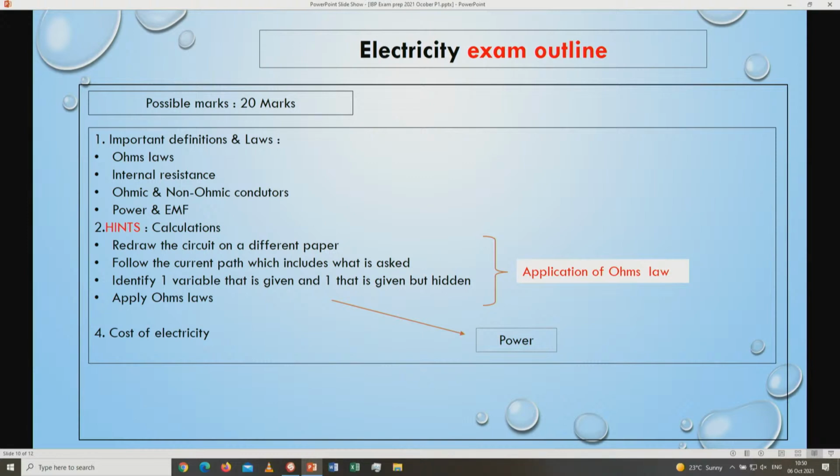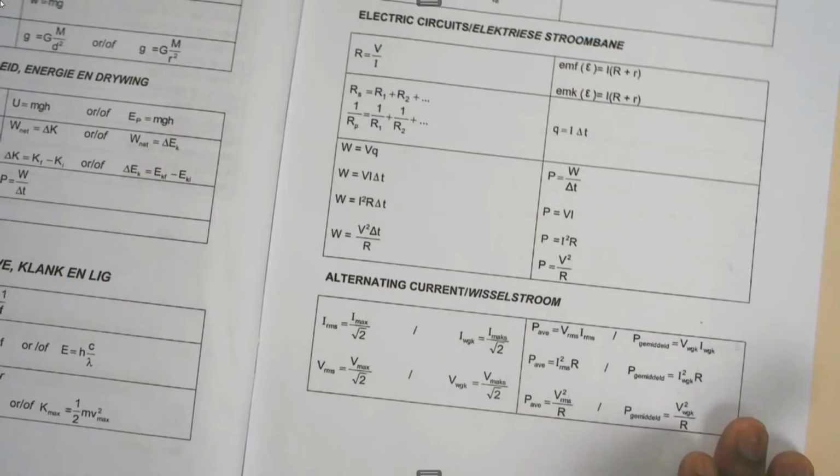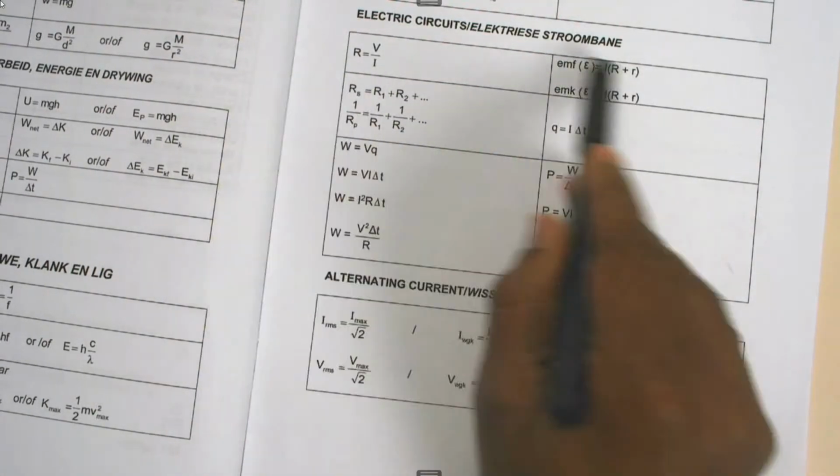Identify one variable that is given and then one that is hidden. That is now us applying the science. So basically you just need two variables to work with electricity. I'm going to try and show you this part of equations under electricity to say we only need just two.